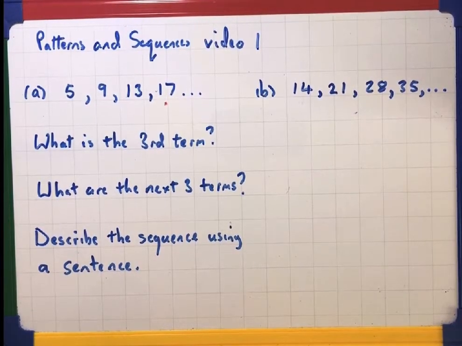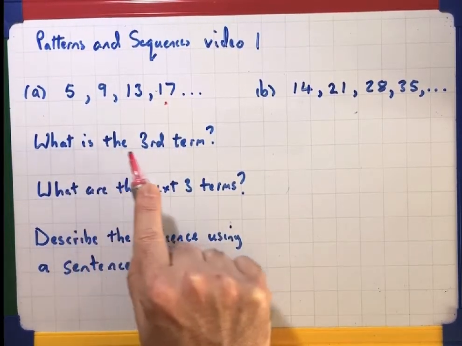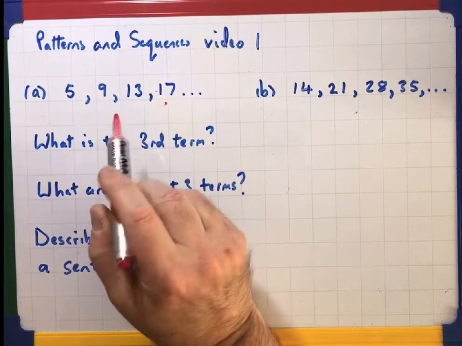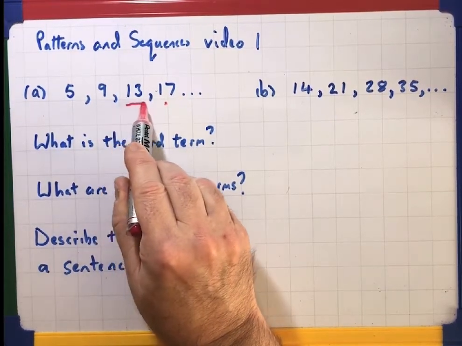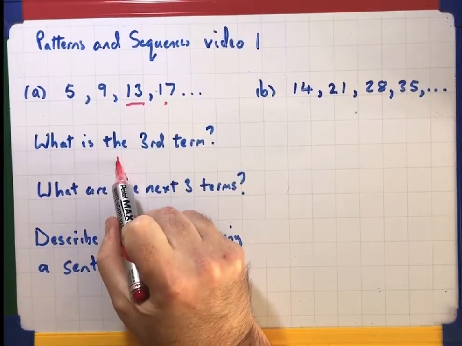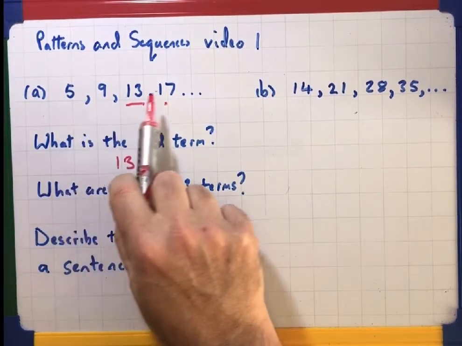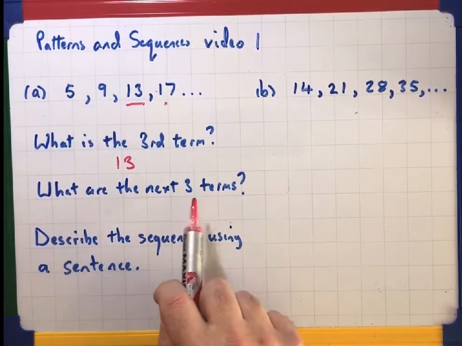Okay, so let's do a few of these. Look at this one here, first of all. What is the third term? Well, that's the third number in the list. That's the third term. So here, the third term would be 13. Next, what are the next three terms?